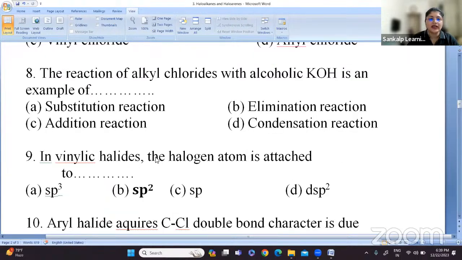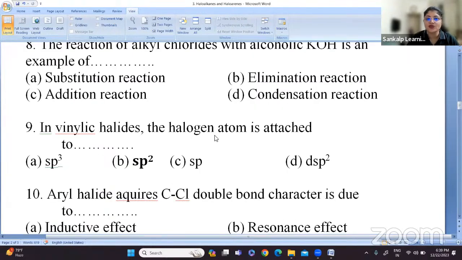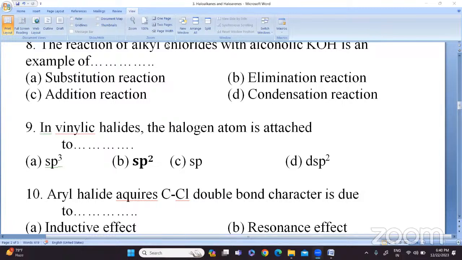Moving further, in vinylic halides, the halogen atom is attached to A, sp3 hybridized carbon, B, sp2, C, sp, or D, dsp2? Vedvati and Sangeeta have answered it right.